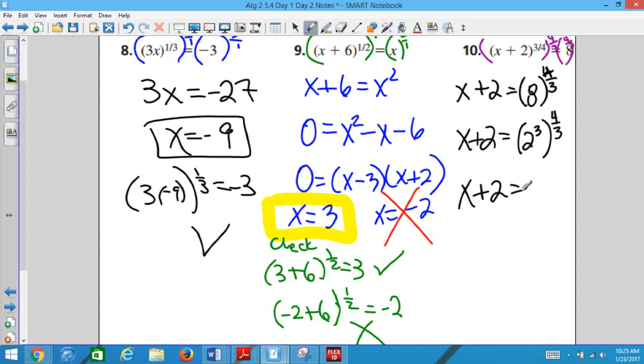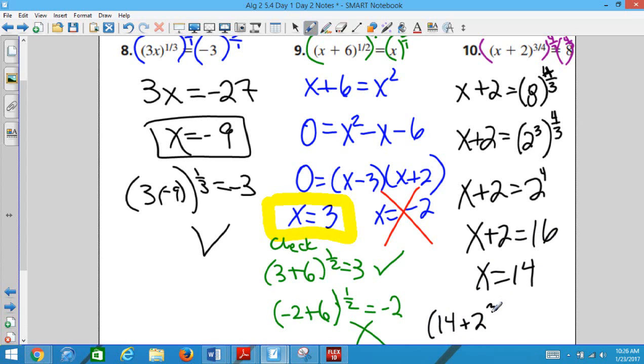So then we multiply our exponent. 3 times 4 over 3 gives me 2 to the 4, which is 16, so x is 14. We need to check it. You can type that in your calculator and check it. It does work, so x equals 14.